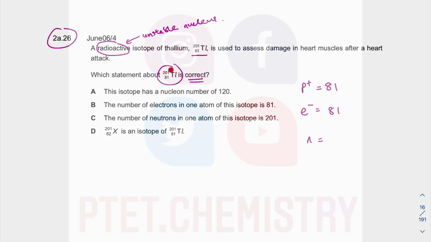The number on top there is what you call the nucleon number. So the nucleon number is not 120, it's actually 201. The nucleon number is the number of neutrons and protons in the nucleus. So by taking away the number of protons, I can get the number of neutrons.